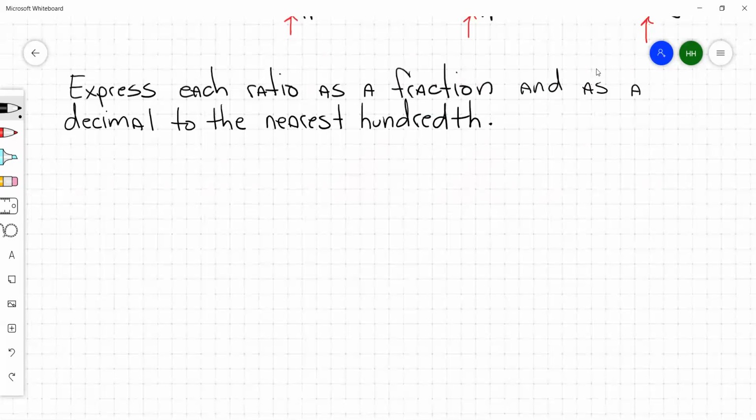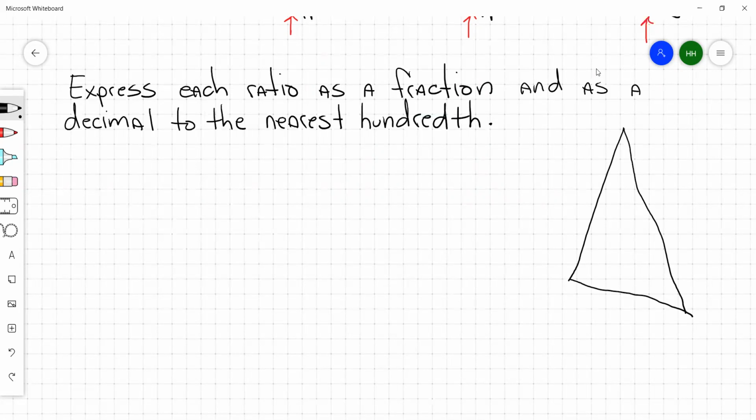You're going to be given a triangle, so we're going to take this triangle right here. It's triangle QRP, and we've got side lengths of 15, 8, and 17.